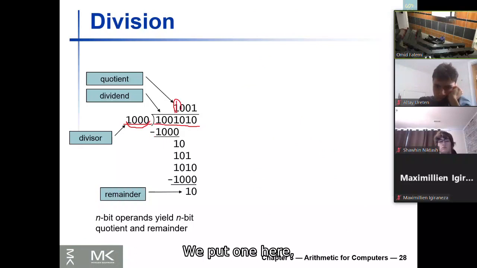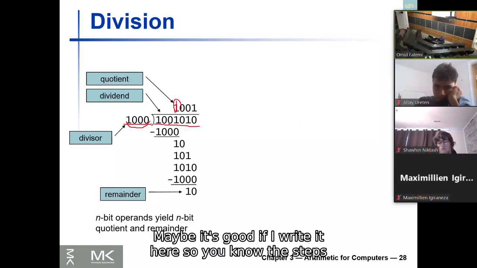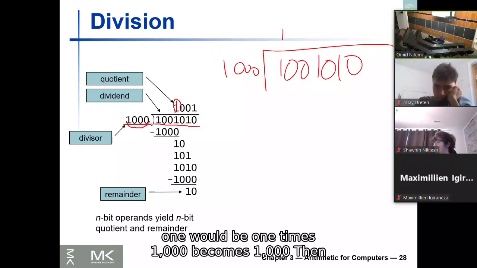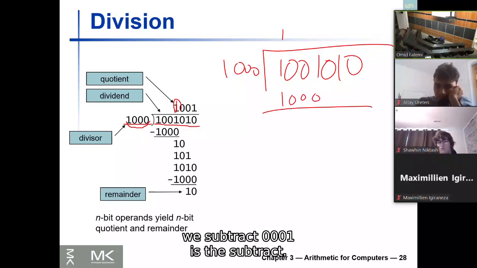So we put 1 here. 1 times 1000 becomes 1000. Then we subtract them. Maybe it's good if I write it here so you know the steps. So the first one would be 1. 1 times 1000 becomes 1000. Then we subtract.